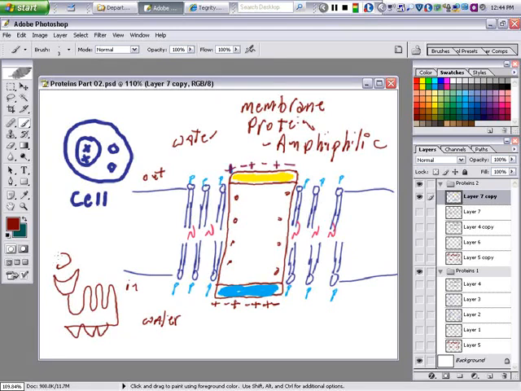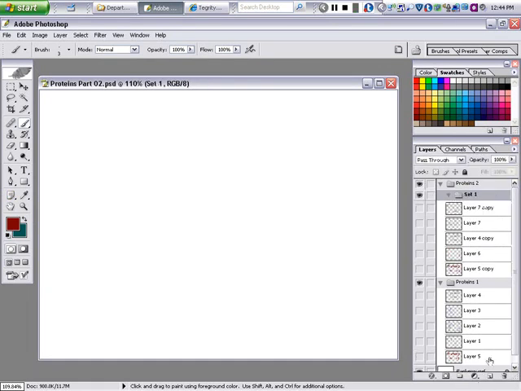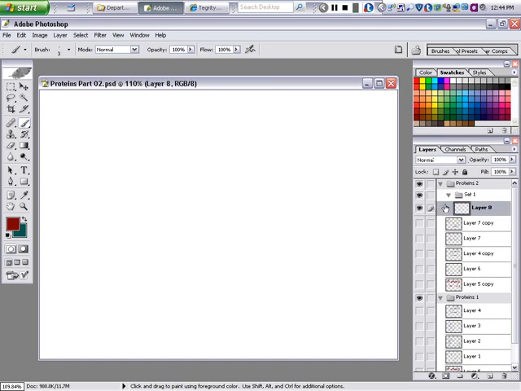Let's talk about levels of protein structure. So there are 4 levels of protein structure.